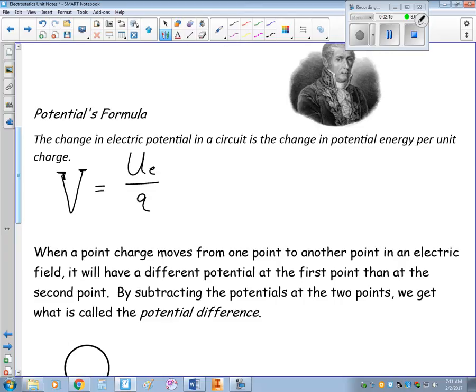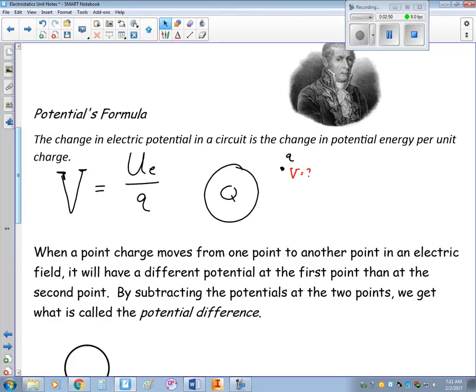So let's say I have like a Van de Graaff machine, something that I build up charge on, and I take a little tiny test charge, a little test charge q. What I'd like to do is calculate what the electric potential is at that little space, or that little region in space.